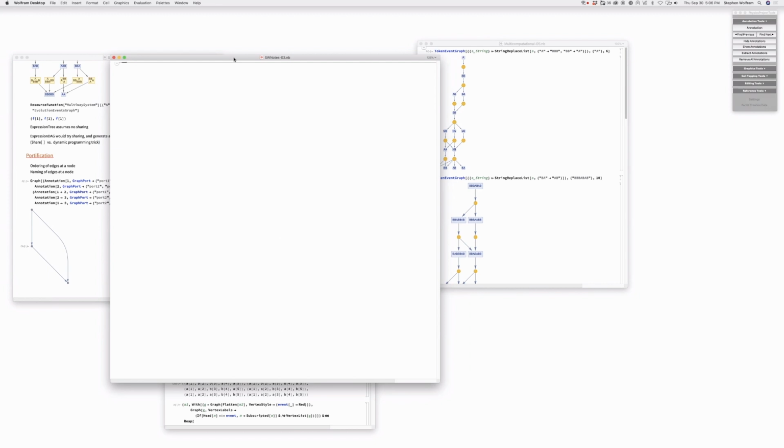In our usual evaluation process, I mean standard evaluation, it has two features. One, it recurses through expressions in, let's say, a depth first order.